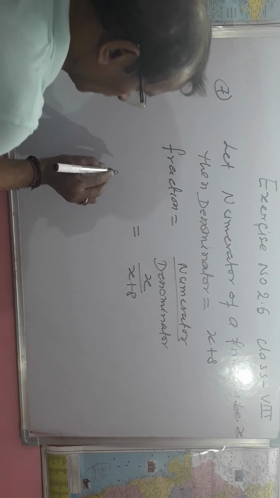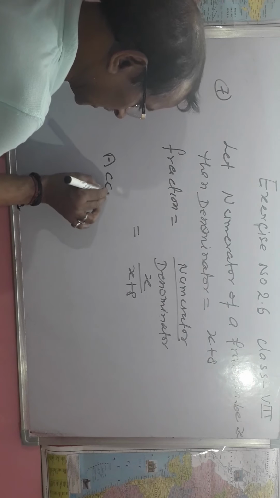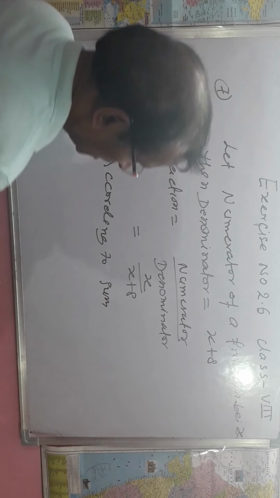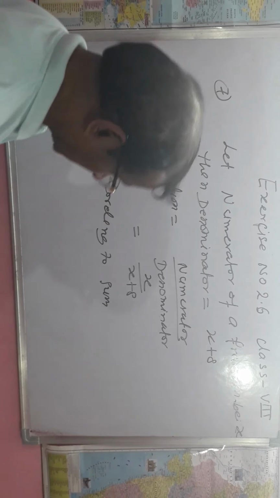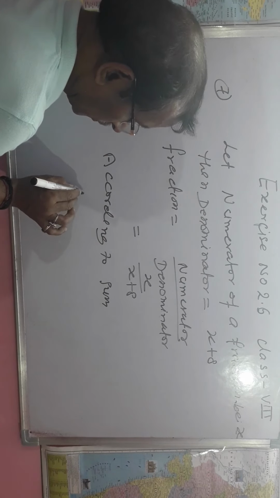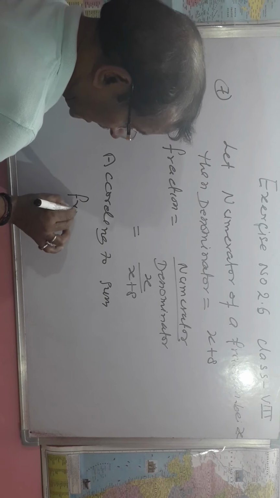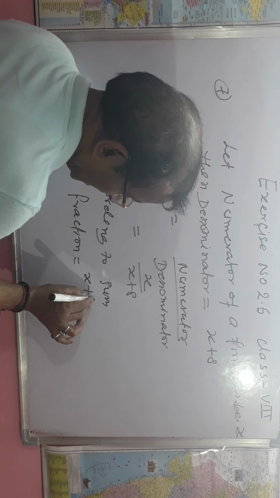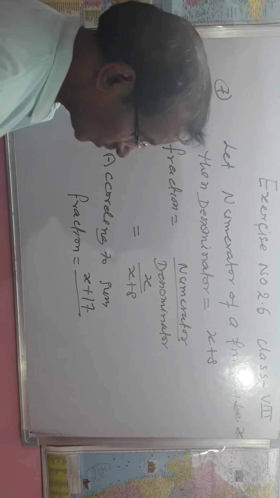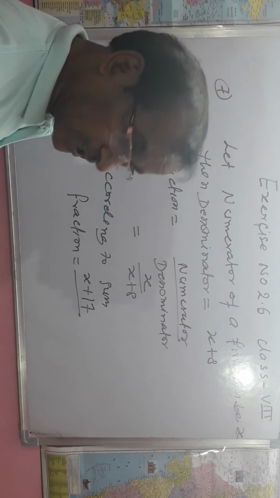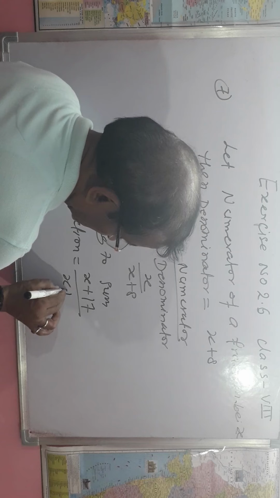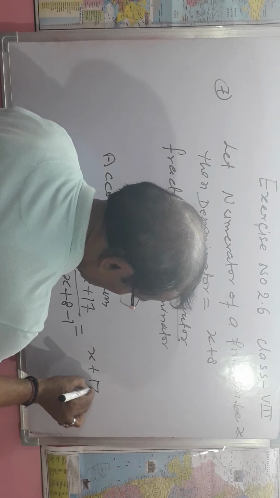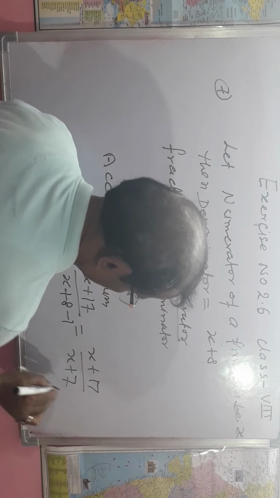According to condition, according to question, if numerator increased by 17, then new fraction will be equal to x plus 17 upon denominator decreased by 1, then denominator was x plus 8 minus 1, that is equal to x plus 17 upon x plus 7.